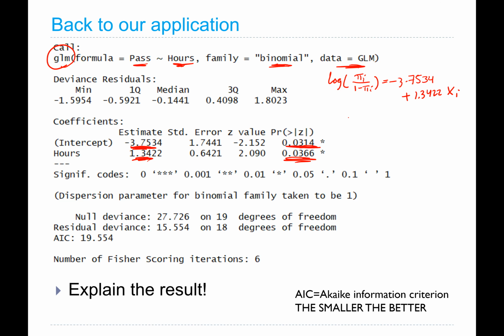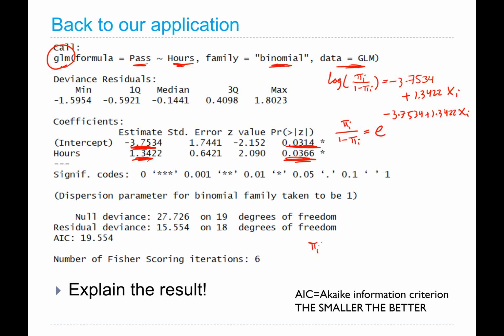Or you can write it as pi i divided by 1 minus pi i equals e to the power of -3.7534 plus 1.3422 xi.